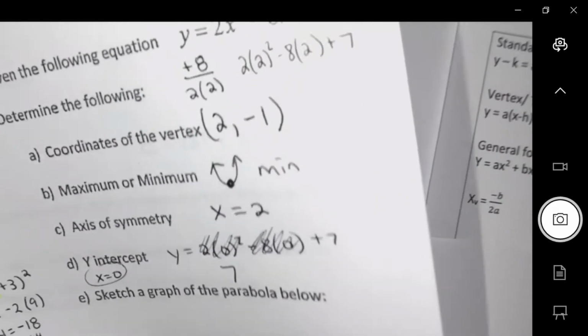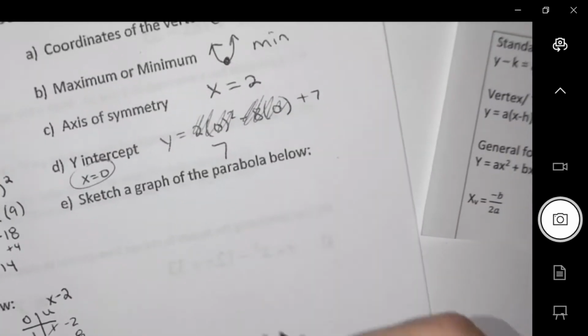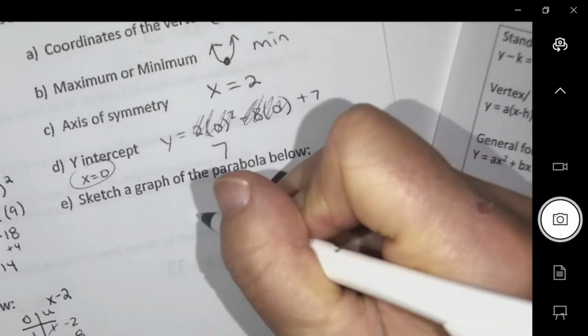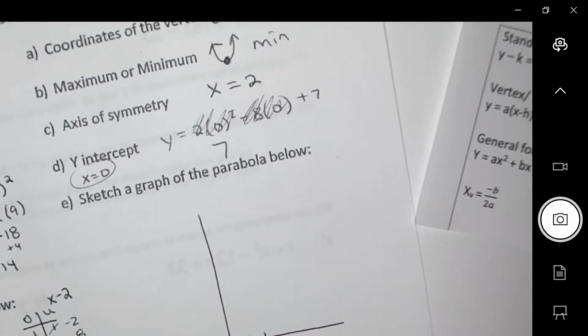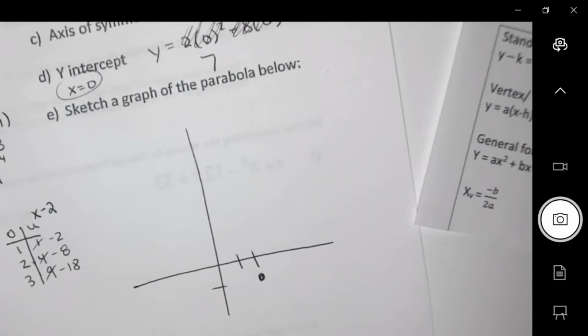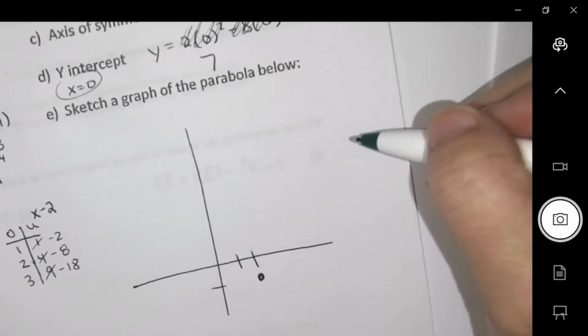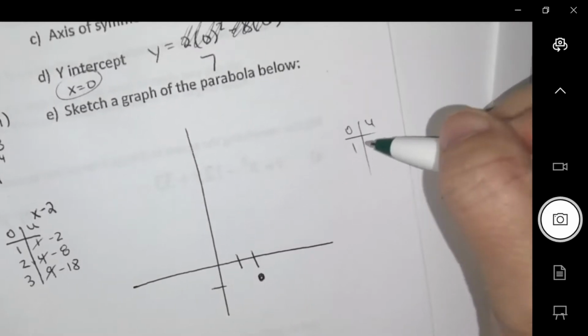So I'm going to sketch this. So 2, negative 1. I'm looking for some points in the pattern, so I'm going to think about my over up.